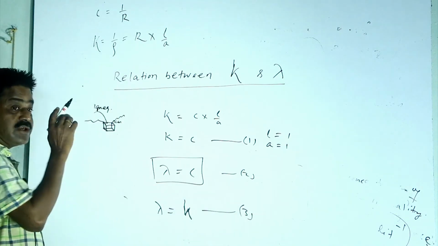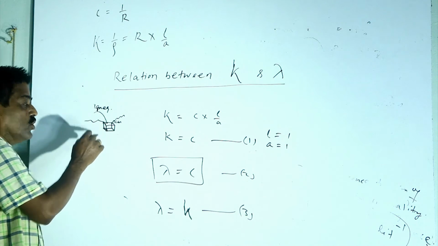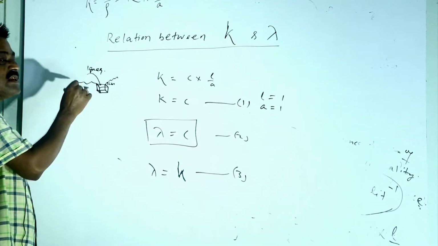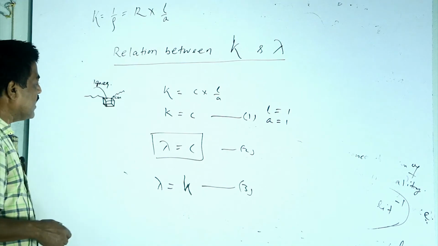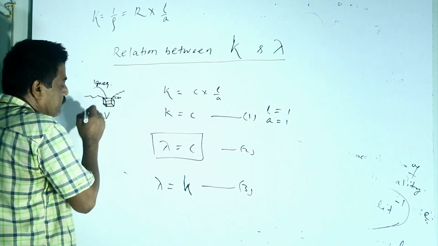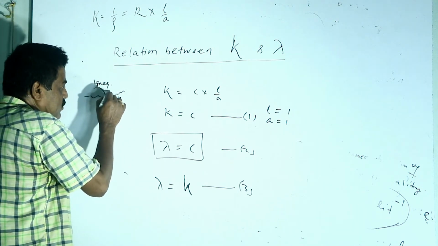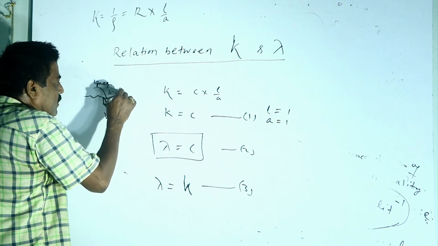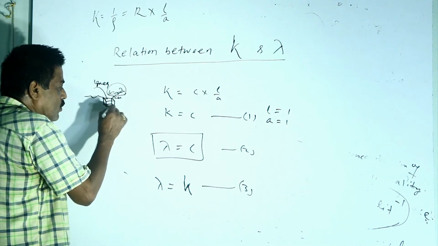When this unit cube is increased by V times, that is, length, breadth, height increased so that the volume is V cm cube, then what happens?